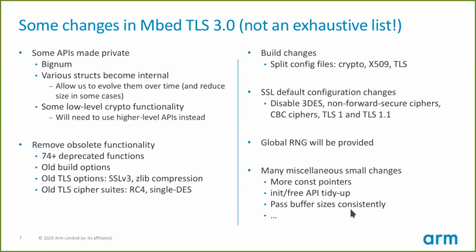The default configuration of an SSL connection, if you just don't configure anything, will change to have more modern defaults, without obsolete, but still not completely removed ciphers like triple DES.